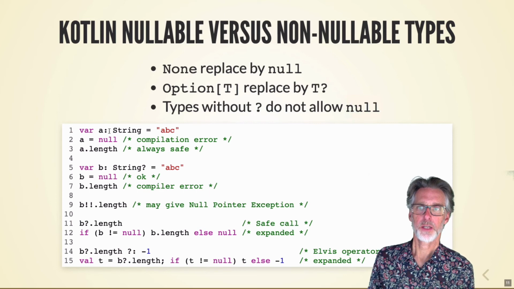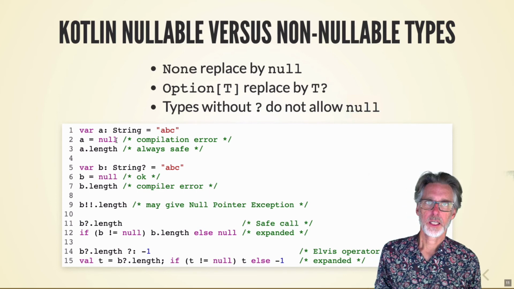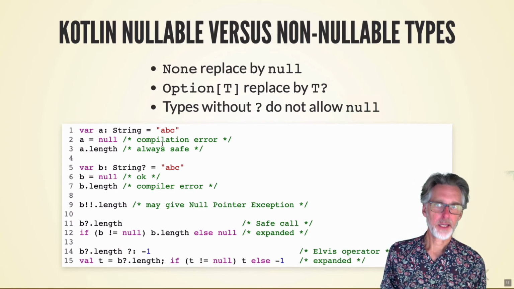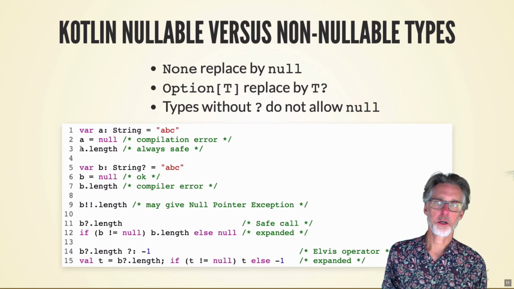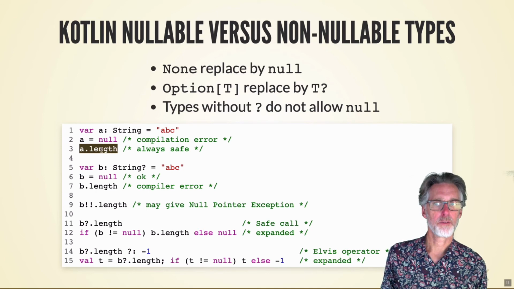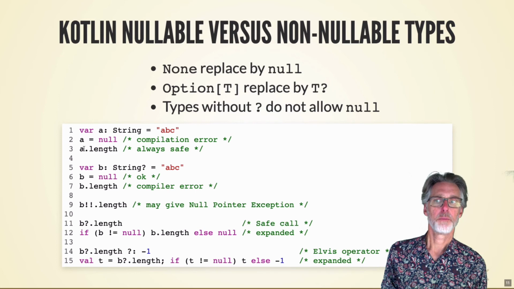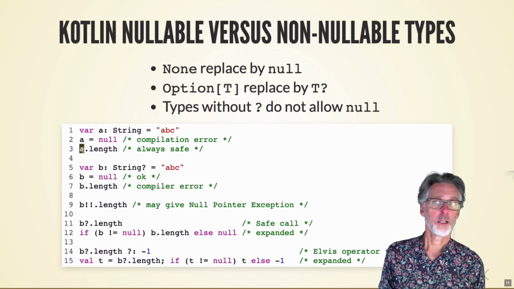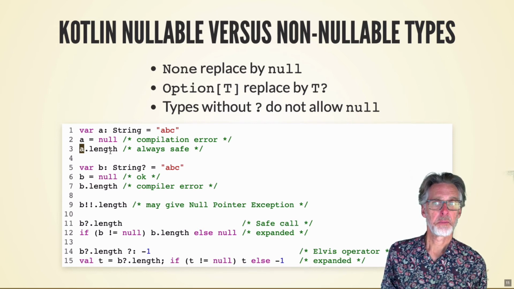I have a variable a, which is a string variable initialized to ABC. If I try to assign null to a, the compiler will complain because String is not a type that accepts null. In addition, I can always invoke the function length on this reference because I know it's not possible for this reference to be null. Therefore, any method invocation on it is always safe.